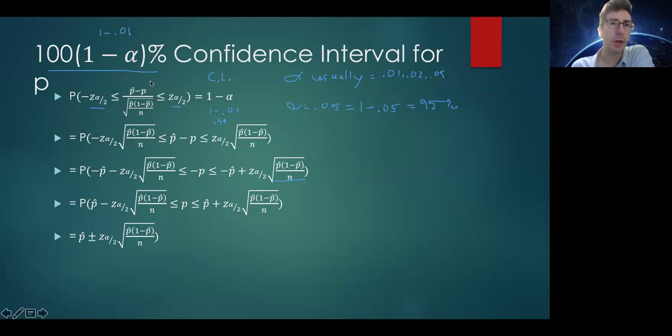If we multiply this thing here in the numerator, then it basically just cancels out.